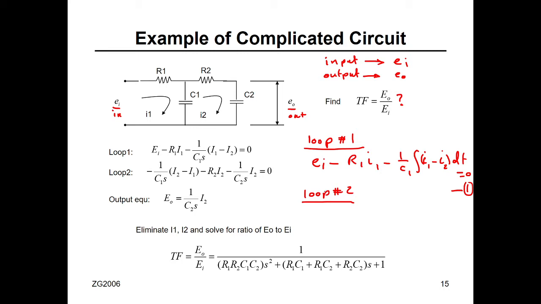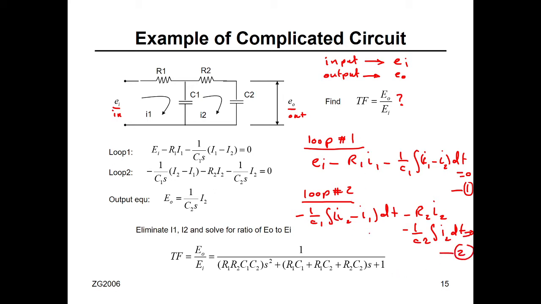There is no voltage source. So we start with C1, negative because it's a passive element, 1 over C1 integral of I2 minus I1 dt, minus R2 I2, minus the voltage across C2, which is 1 over C2 integral of I2 dt, equal to 0. And this is equation number 2.